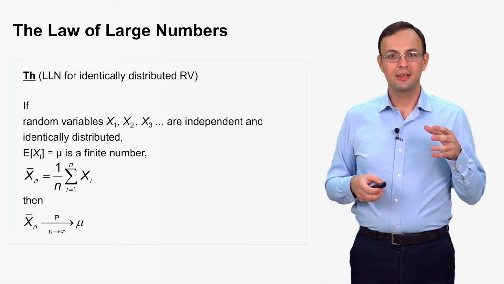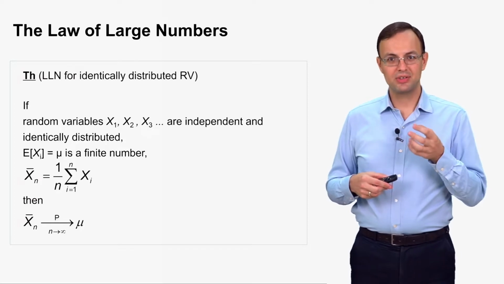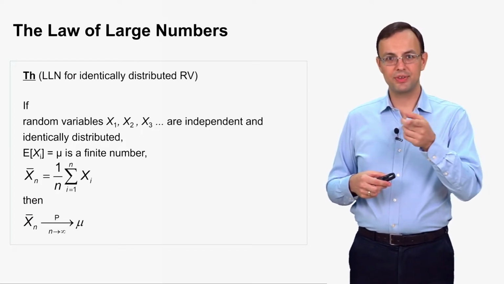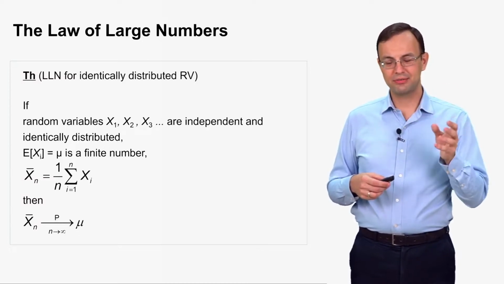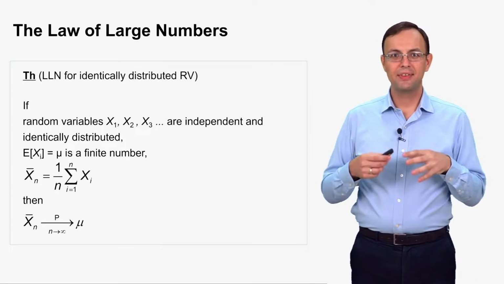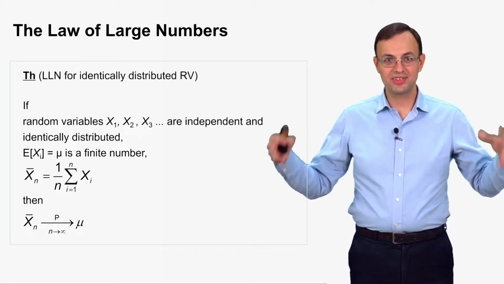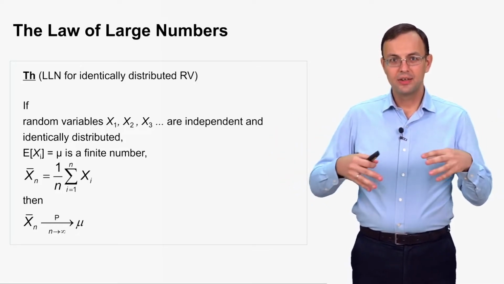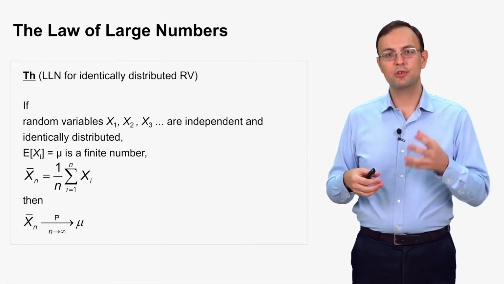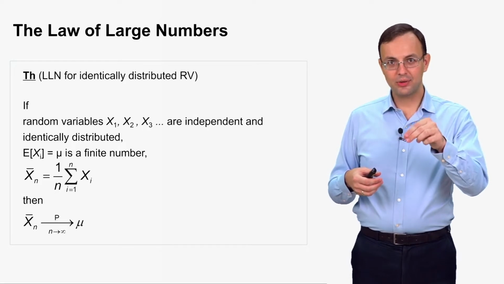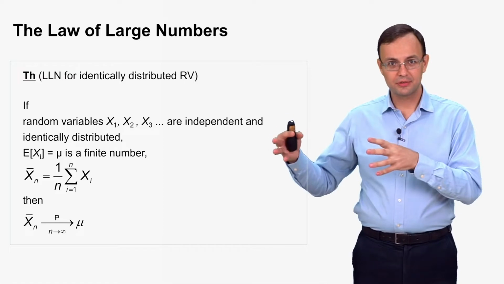We say that the result of each single measurement is a random variable that is an element of this sequence. So x1 is the result of the first measurement, x2 is the result of the second measurement, and so on. And then, if the way of measuring is the same each time, they are all identically distributed. So the result of each measurement is the real length of the table plus a random error, the measuring error.